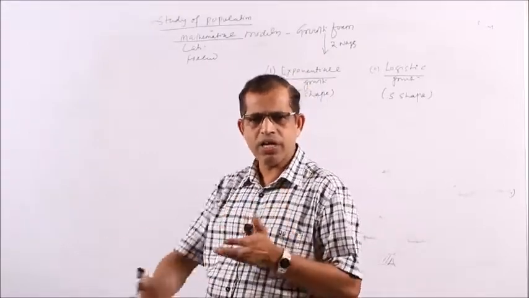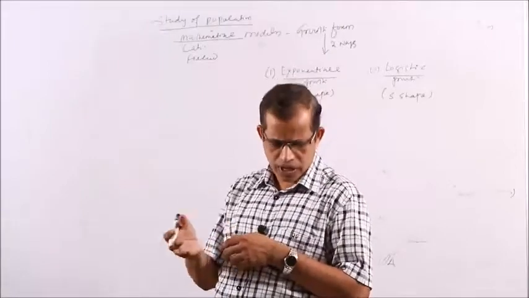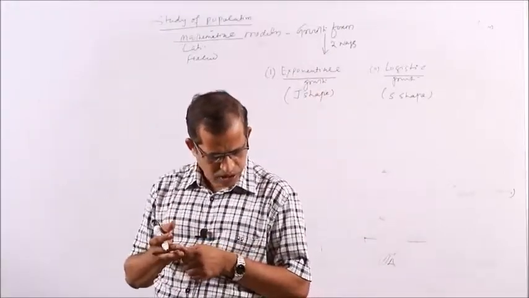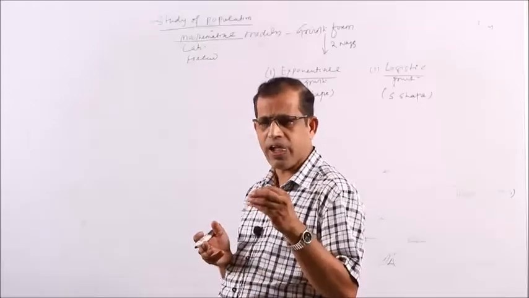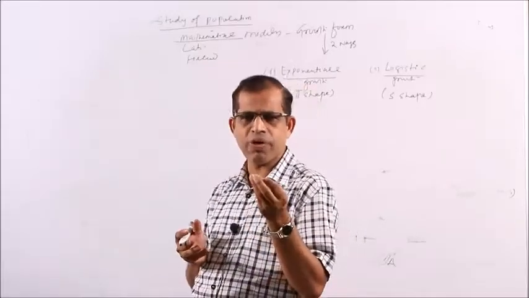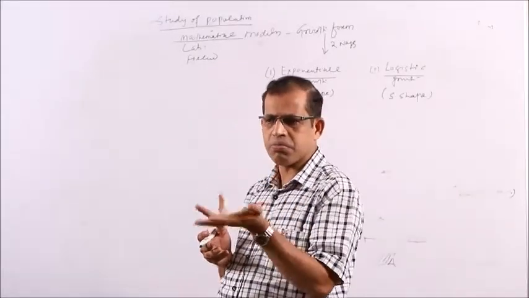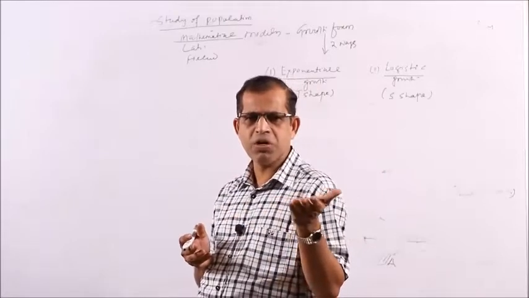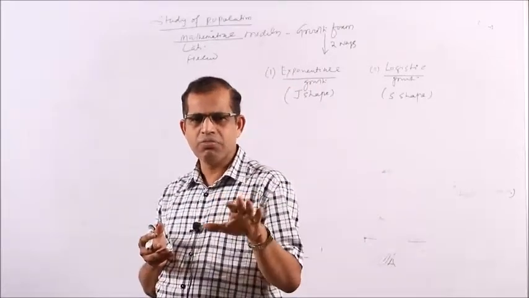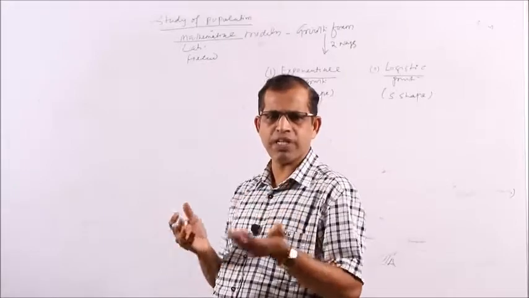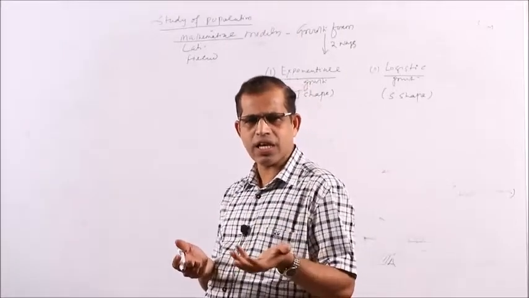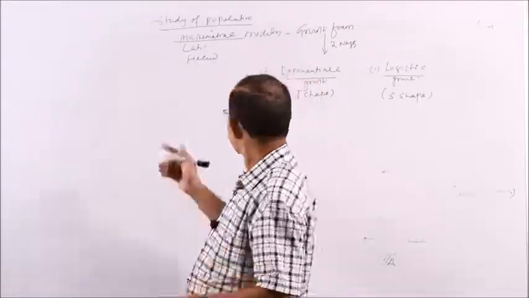You see this condition particularly in the rainy season or in a pond, where you will find the algal bloom, its mass increases. That means plenty of water and nutrients are there, so it will go on increasing.